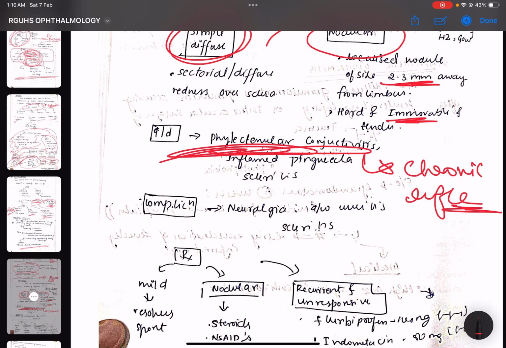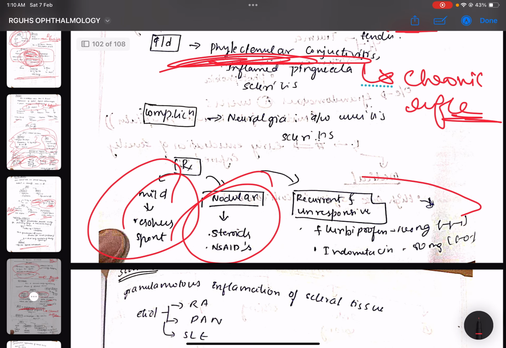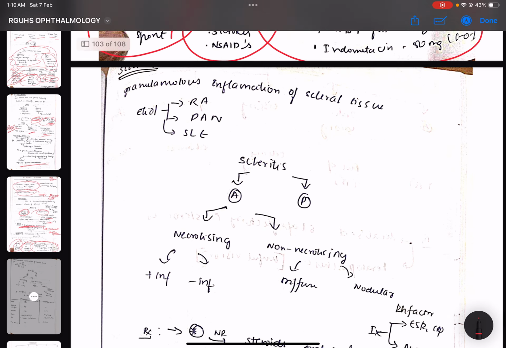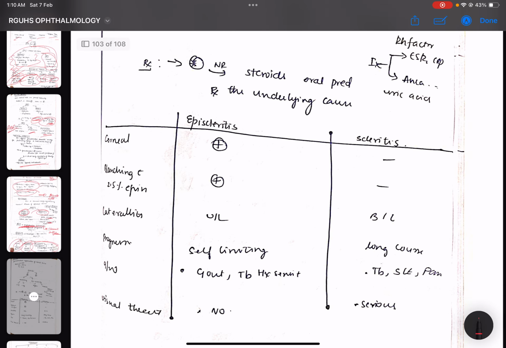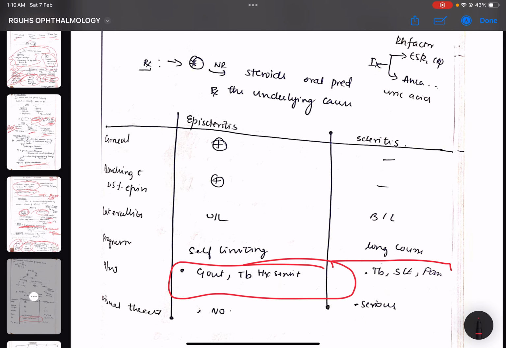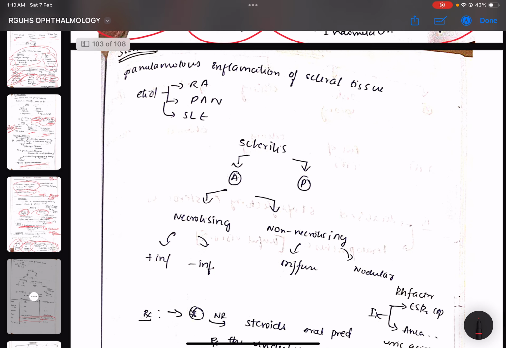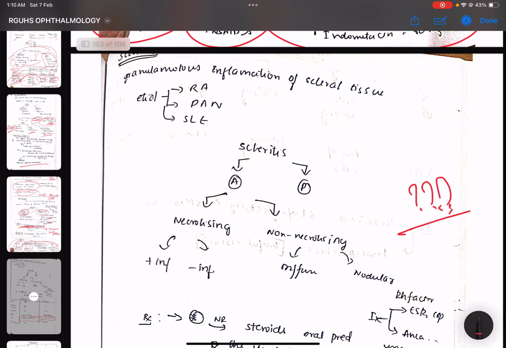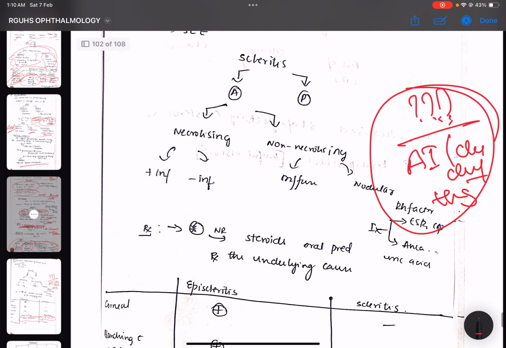Make sure you study it. But what is the important thing you know in episcleritis? In all these things, what do you always have in mind? That is something you need to know.